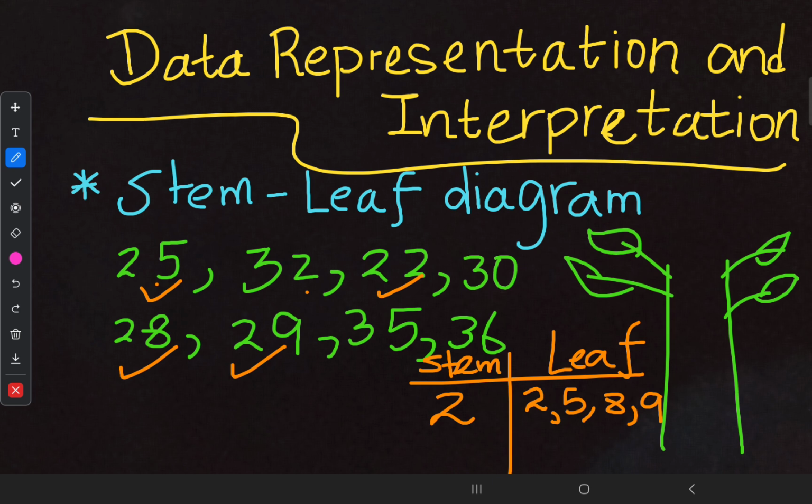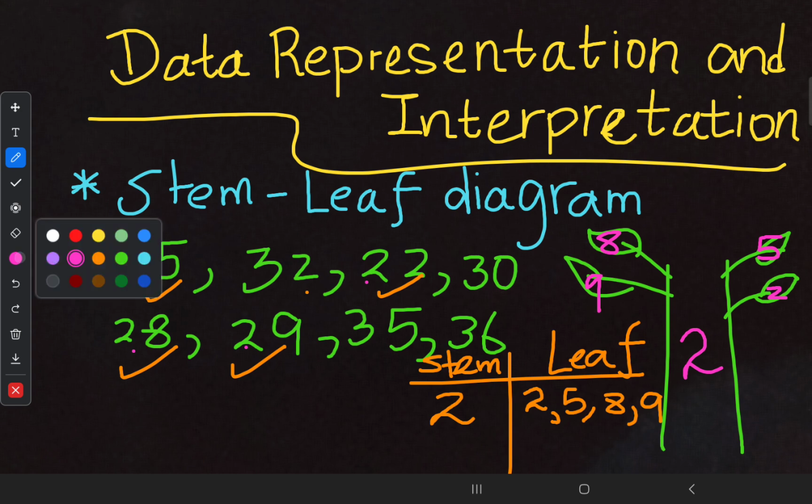When you look at this data set, you can clearly see that the first digit is 2, which is the tens place. So we have to place the tens place in the stem. In our leaves we can mark 2, 5, 8, 9.